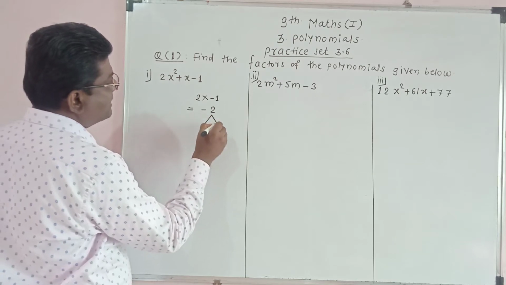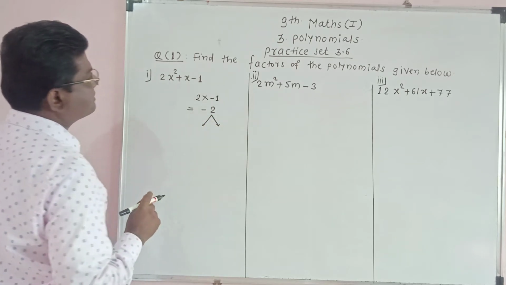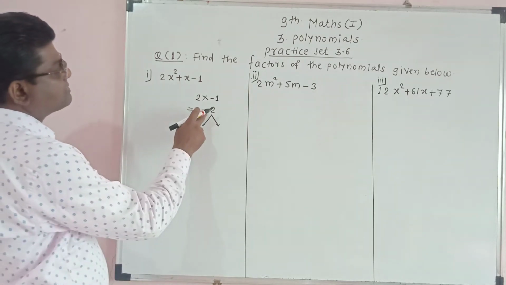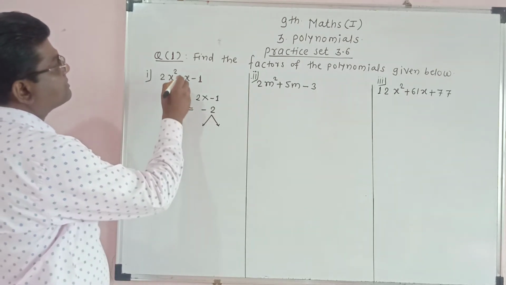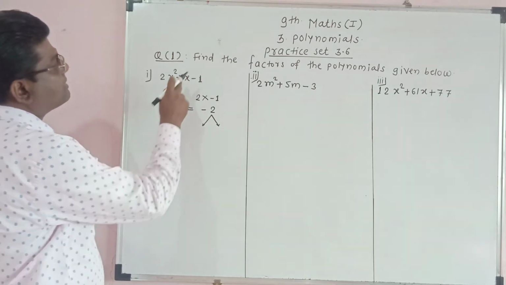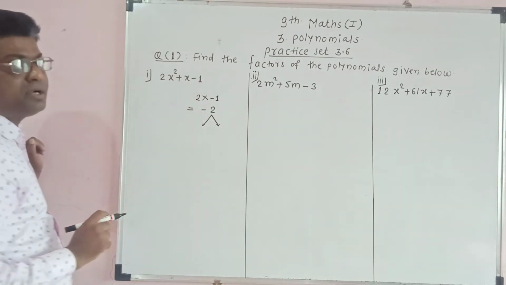Now we have to find two numbers such that their multiplication is minus 2 and their sum is 1, since the middle term x has coefficient 1.